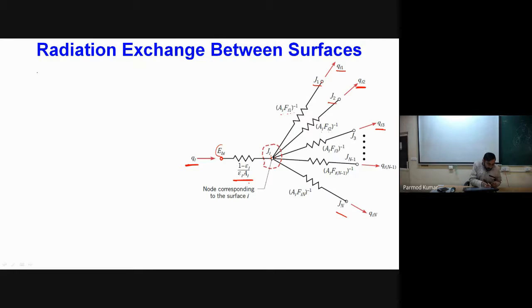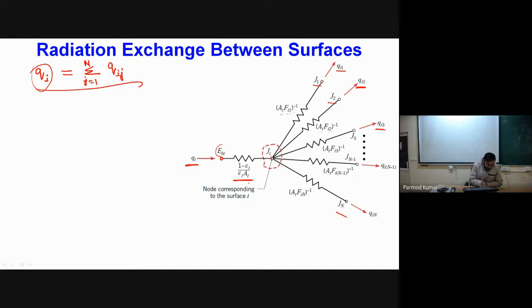So I can say that the total amount of heat transfer from face i will be equal to nothing but the sum of heat transfer, j varies from 1 to n, Qij. Is this point clear? Can I write from this circuit that total heat transfer from surface i will be equal to the heat interaction of surface i with all other surfaces, and their summation?